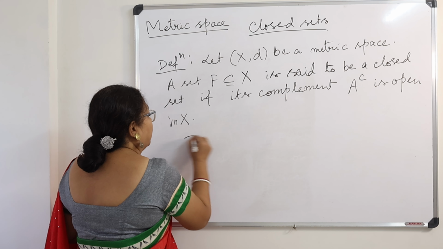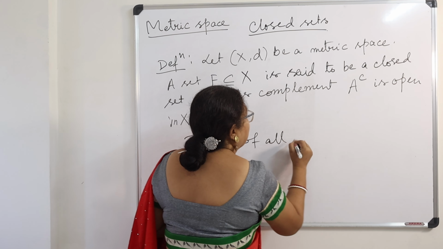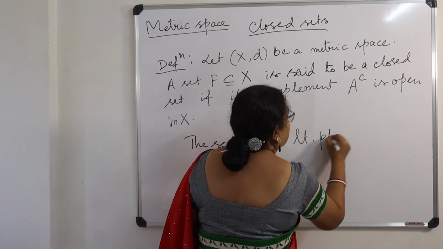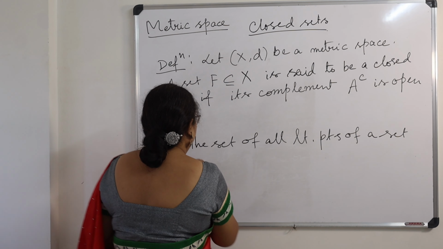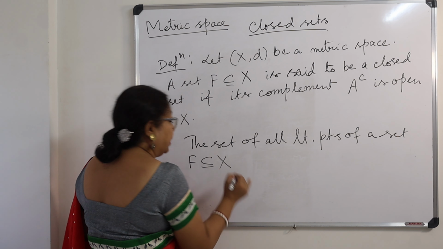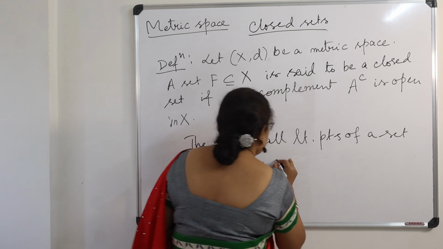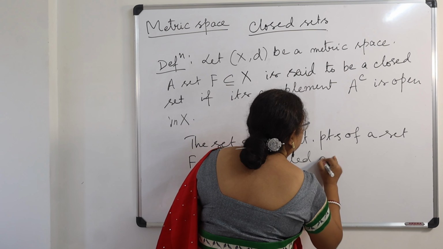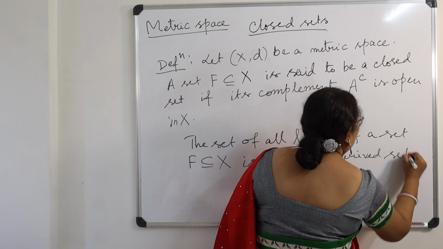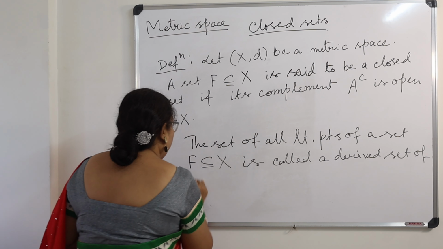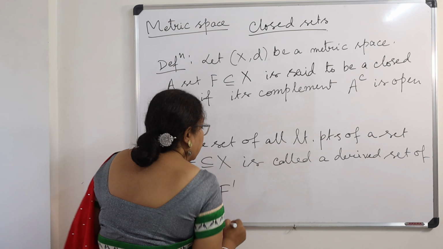Now, the set of all limit points of a set F, a subset of S, is called a derived set, and it is denoted by F dash.